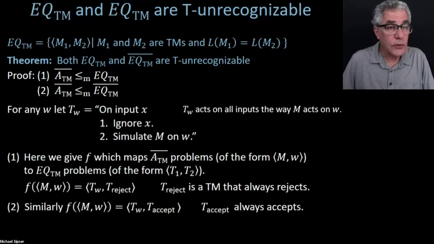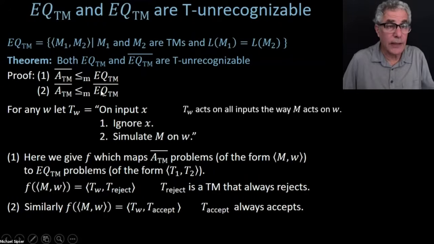So we're in the complement of Eqtm. In other words, when we're in the complement of ATM, we want the result of F to be in the complement of Eqtm. So when M rejects W, the 2 machines should be inequivalent.